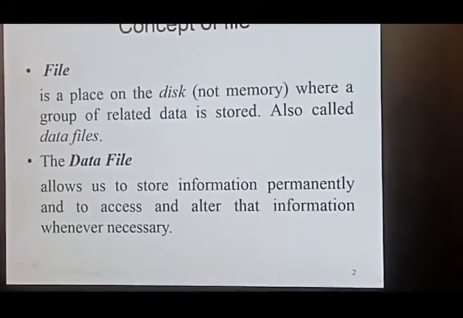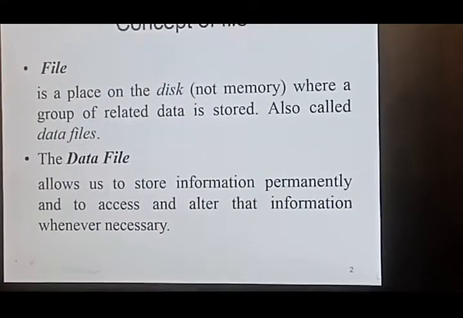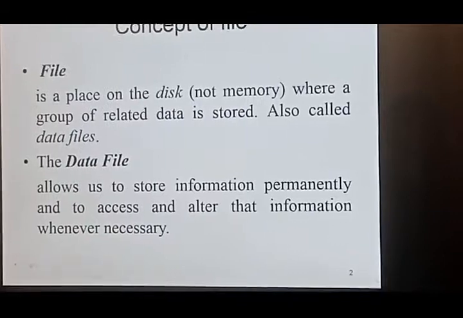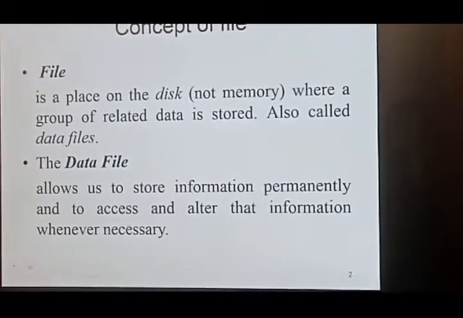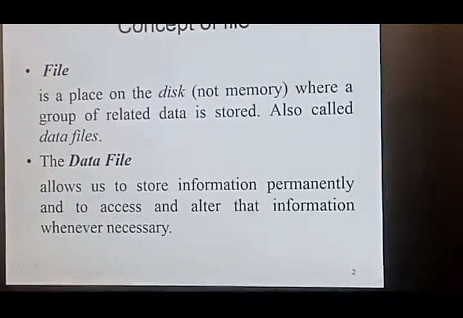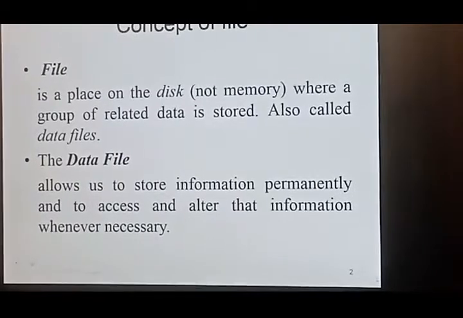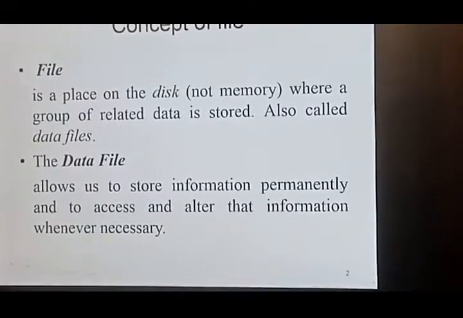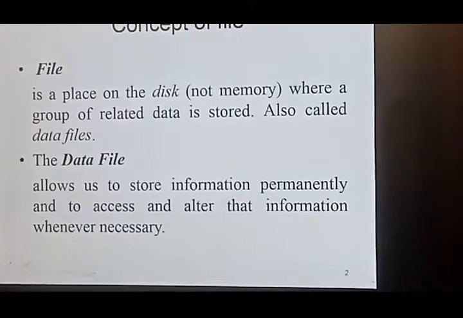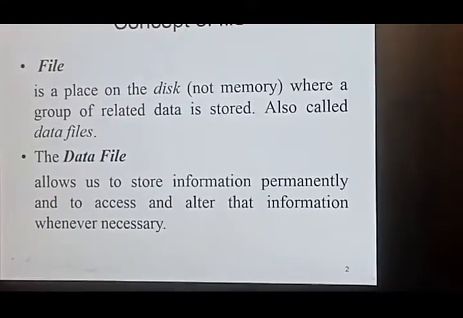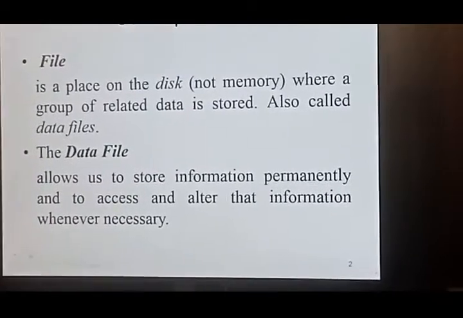As this holds data related to the content, it is called a data file. A data file stores the information permanently, and in future if you want any information related to that, you can access it, modify it, process it, and produce whatever report you want from it.